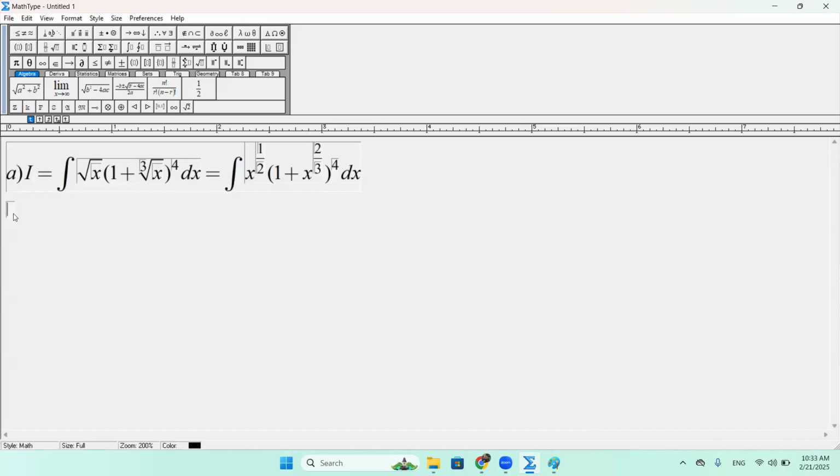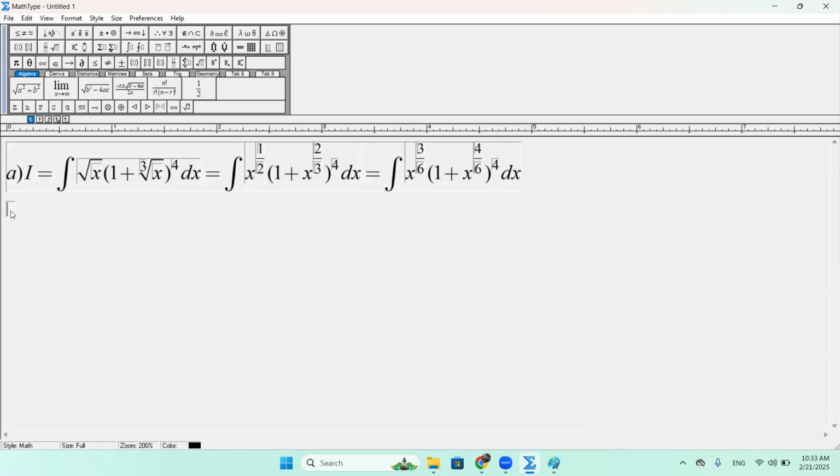So how do we choose the substitution? How to decide how to substitute? We need to substitute x in power of 1 divided by the least common denominator of the fractions. The common denominator for 2 and 3 is 6.